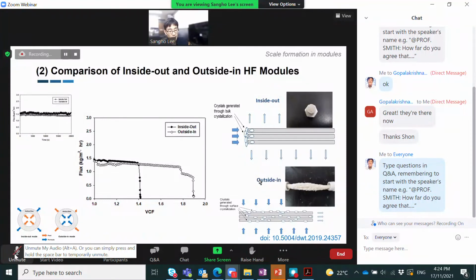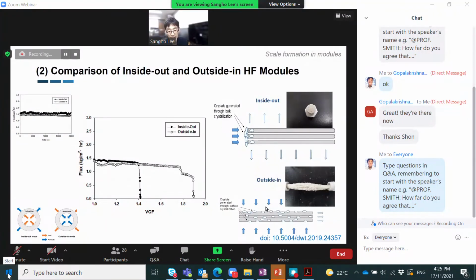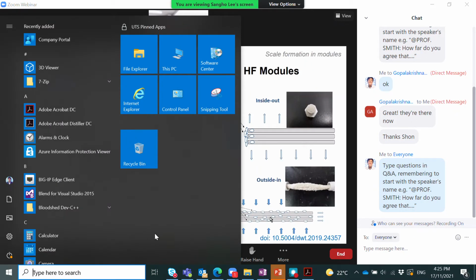Here, we compared inside-out hollow fiber membranes and outside-in hollow fiber membranes. Although the pure water fluxes were similar, when we treated feed water containing scale-forming ions, outside-in was okay, but inside-out was not good. The reason is that in inside-out, the flow velocity inside the fiber is higher than in outside-in.